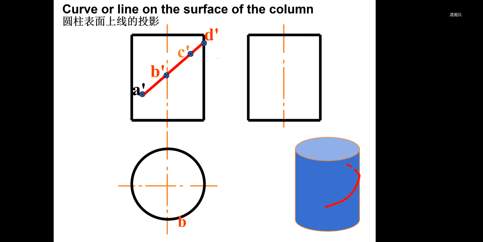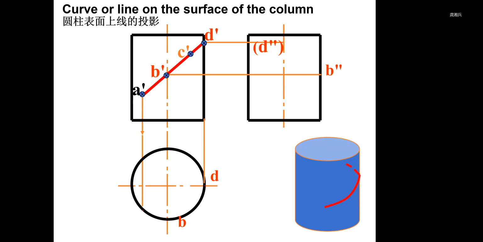You can get B, because B should be on here, so you get B there. D is on here, so D should be on here. D is not visible. You can see D is on this one, so from this direction D should be here. How about A? A is there.